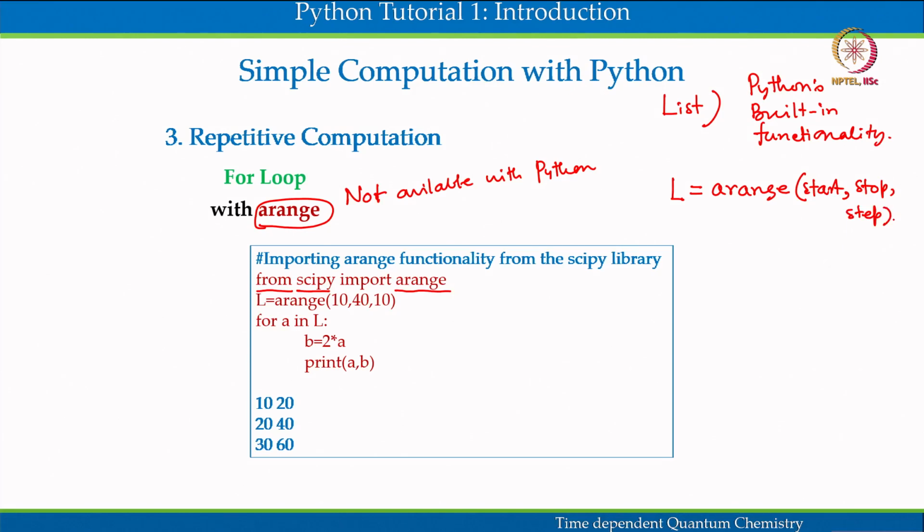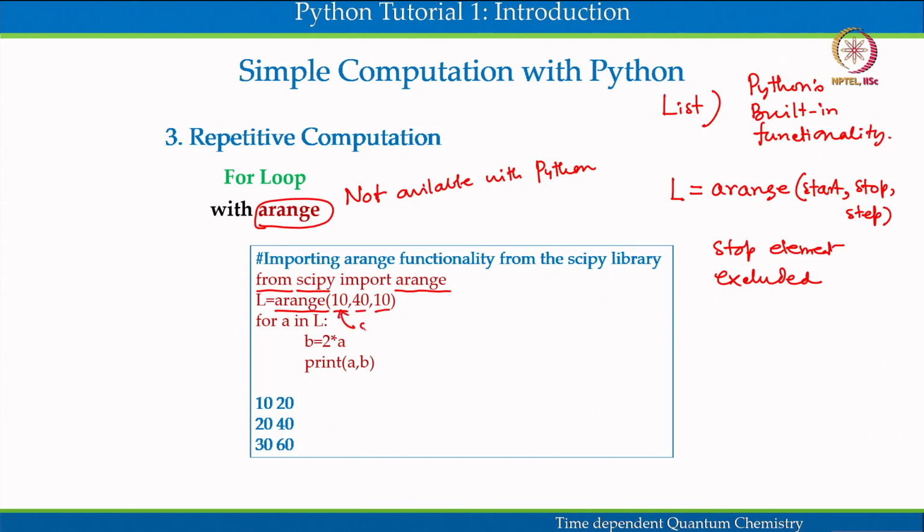This is what we have written. But we have to remember, when it is preparing the list, it includes all the elements except for stop. So, the stop element is excluded in the list. Let us look at this. L equals arange 10, 40, 10. What does it mean?